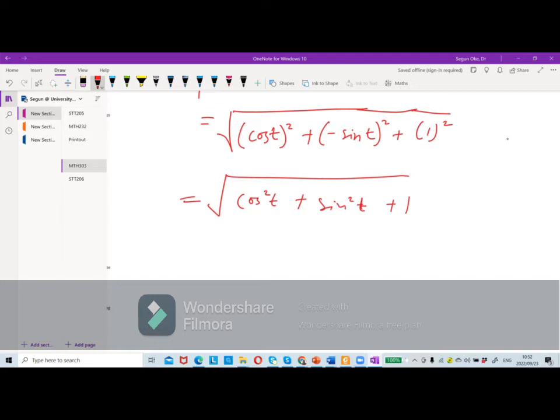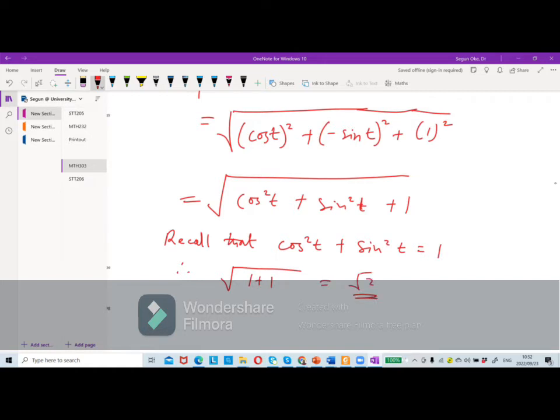Cos squared t plus sine squared t is equal to what? 1. Recall that cos squared t plus sine squared t is equal to 1. Therefore, we have square root of 1 plus 1, which is equal to square root of 2.